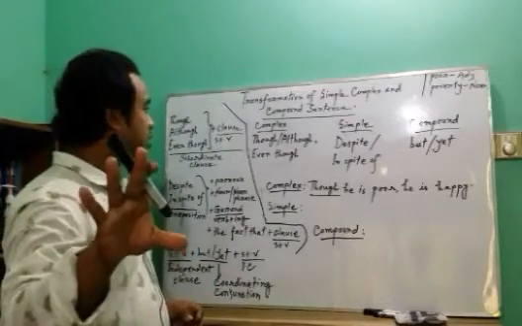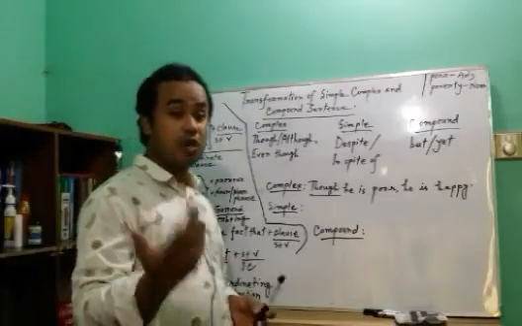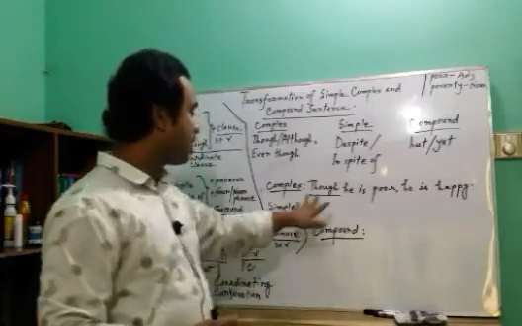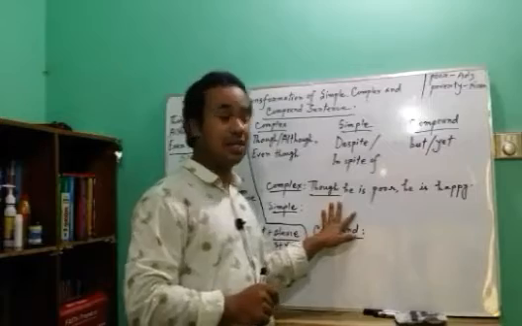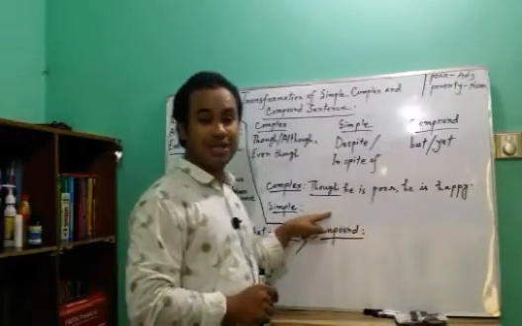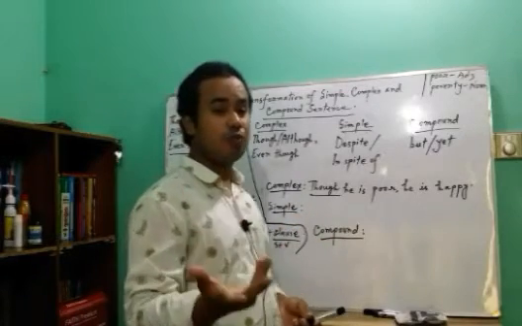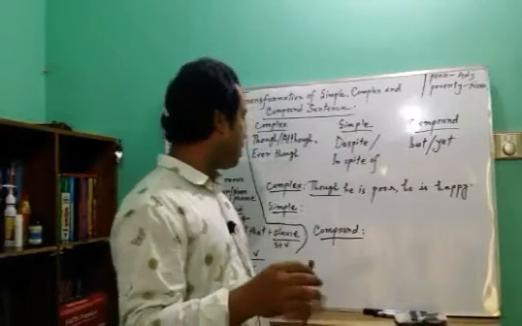Okay. Now I've told you what transformation is. Now let's talk about complex sentence, how you can identify a complex sentence. A complex sentence must include a subordinating conjunction that introduces the subordinate clause. And do remember the most common subordinating conjunctions.